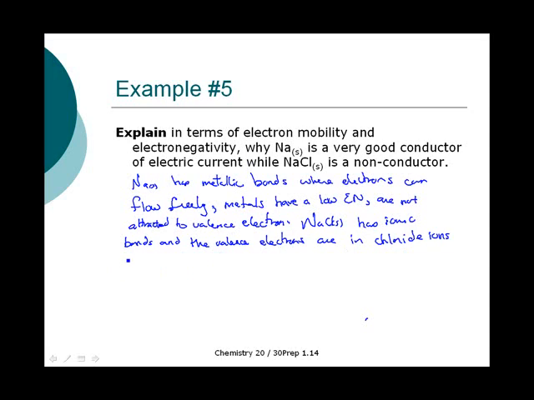And remember, chlorine has a high electronegativity. It's 3.2. And this means the electrons won't flow or pass down the current.